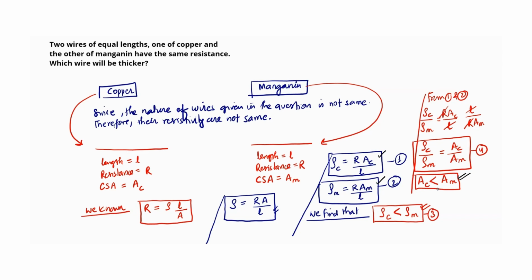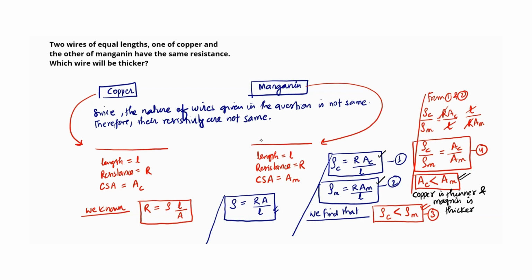Therefore, we conclude that copper is thinner and manganin is thicker.